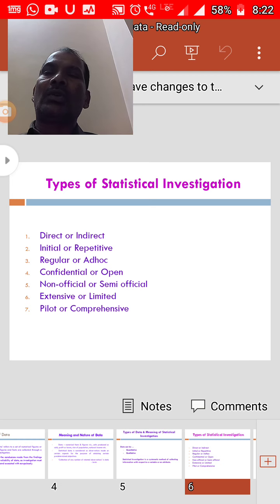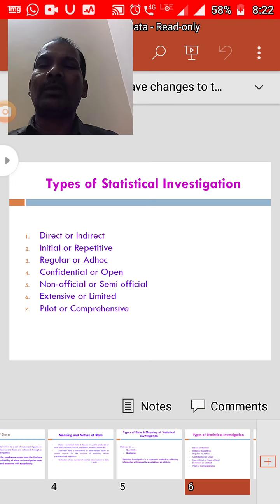And official or non-official, or sometimes semi-official, is also available. The investigation carried out by and on behalf of government is known as official investigation. In these investigations, government can compel people to provide information, as certain laws include compulsory provisions of information.